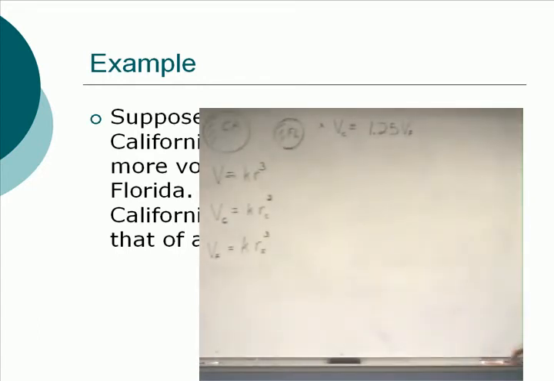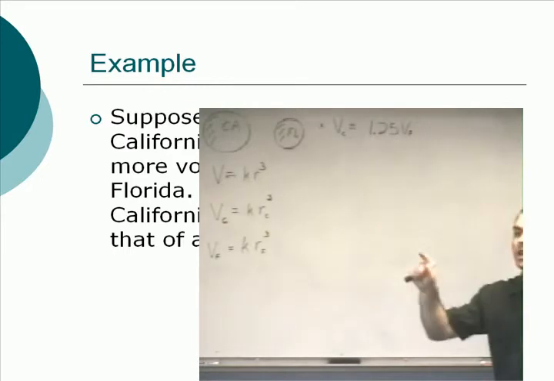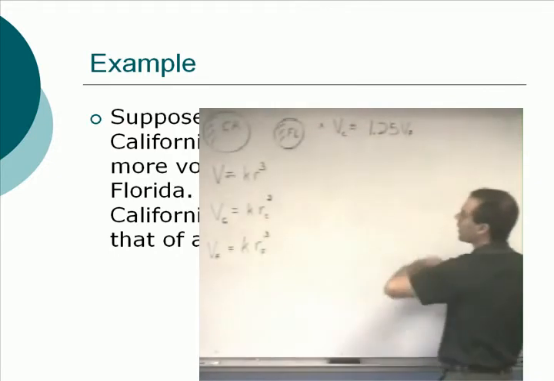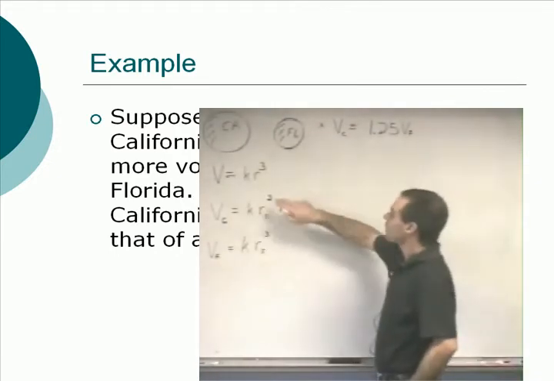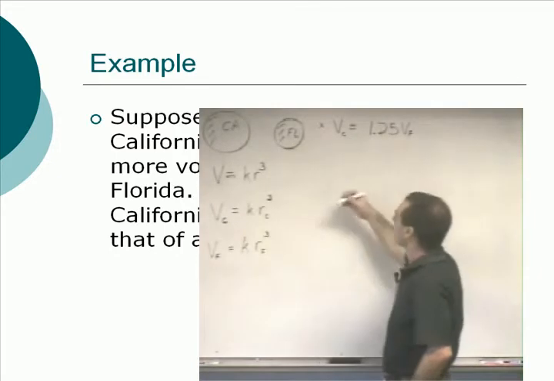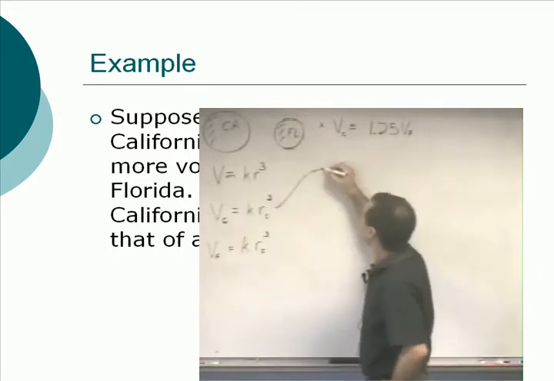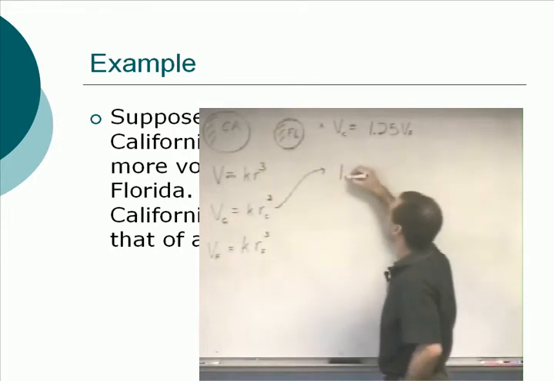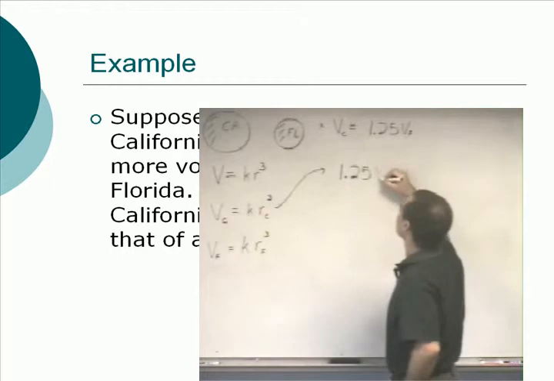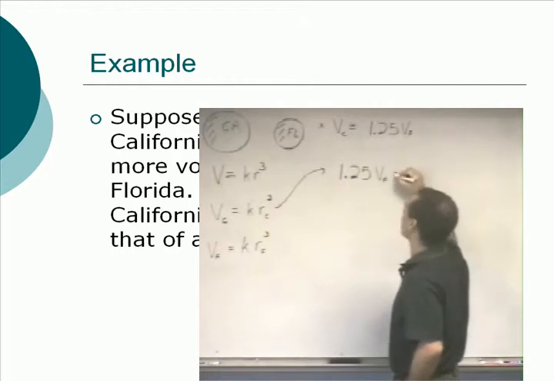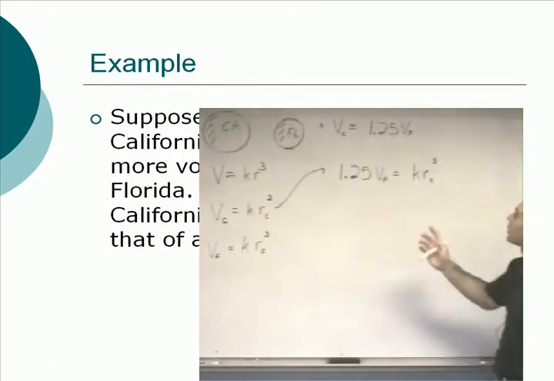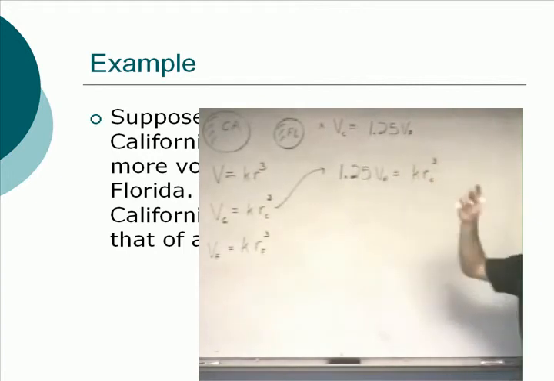Okay, so now the question is, how do the radii compare? So we need to find a relationship like this one, but for radii. Here's what we're going to do. We can replace VC with this value. We take this equation and say that instead of the volume of the one from California, it's 1.25 times the volume of the one from Florida, and that equals K times RC cubed. In other words, we want to replace the V's with R's.